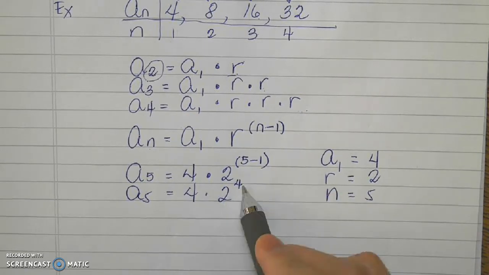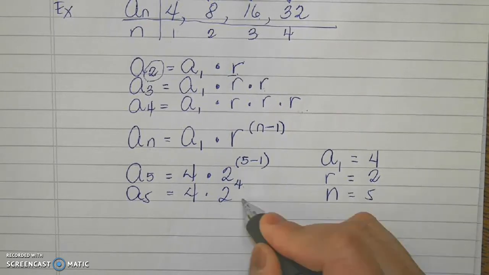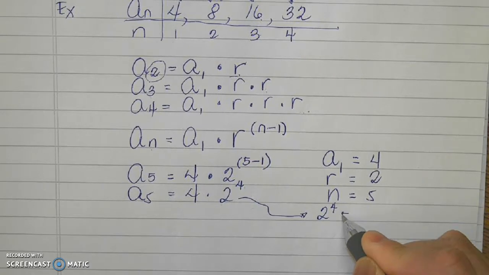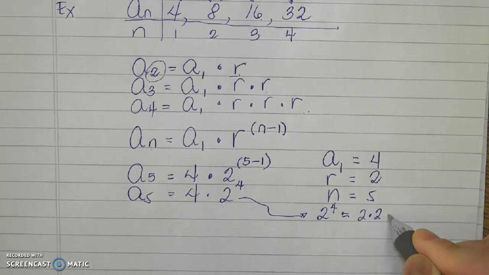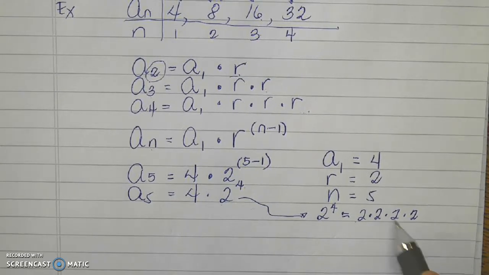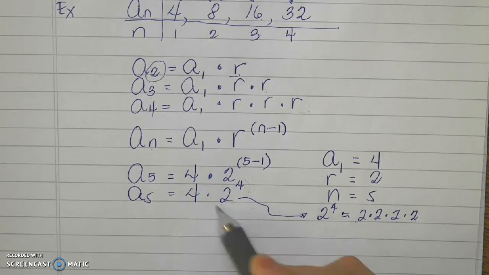2 to the power of 4 is not 8. Please be careful on this one. Here, let's do it. 2 to the power of 4 means 2 times 2 times 2 times 2. 2 times 2 is 4, 4 times 2 is 8, 8 times 2 is 16. Therefore, this whole thing is 16.